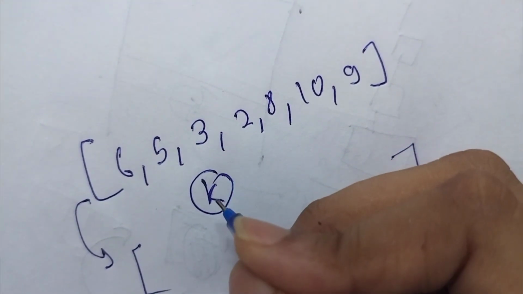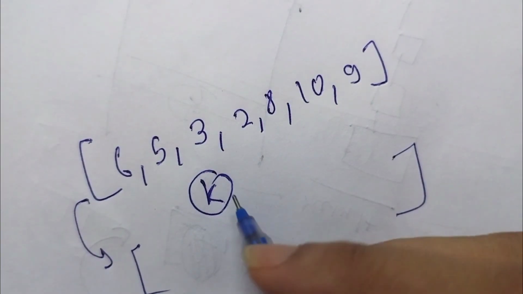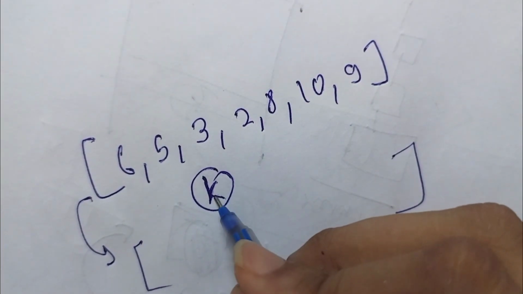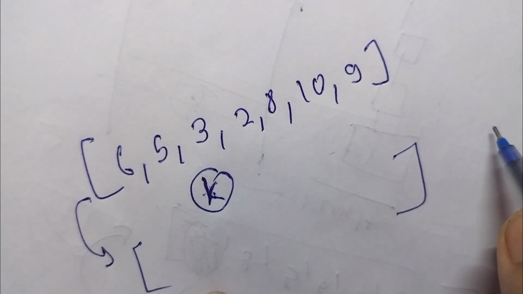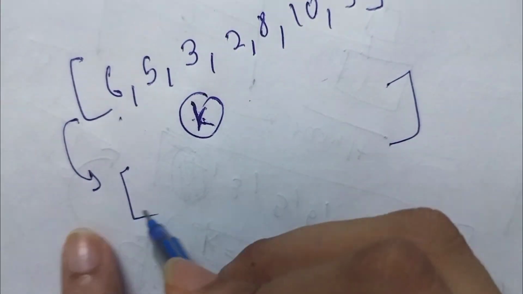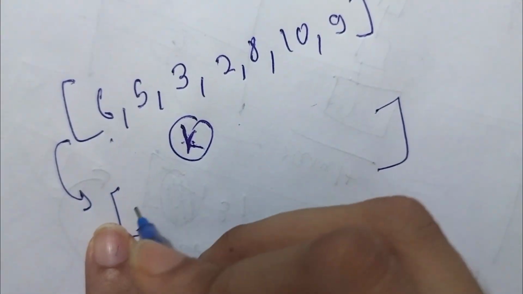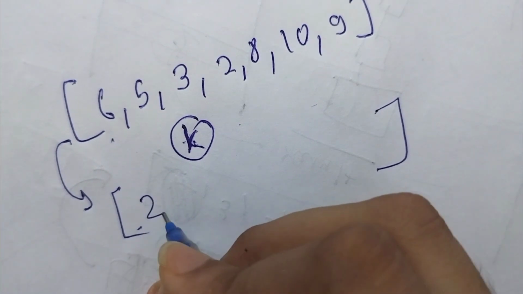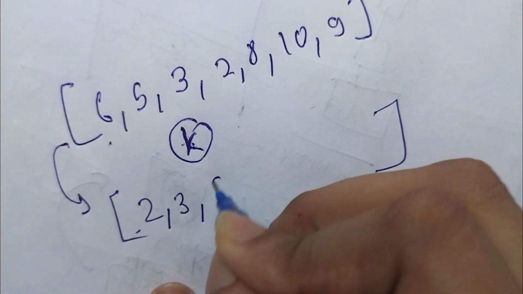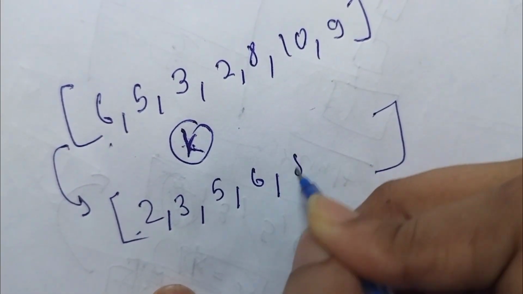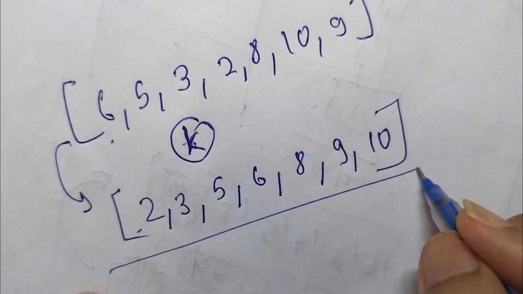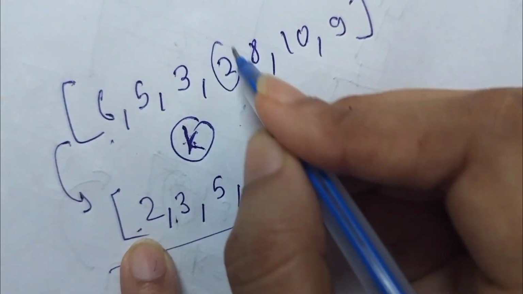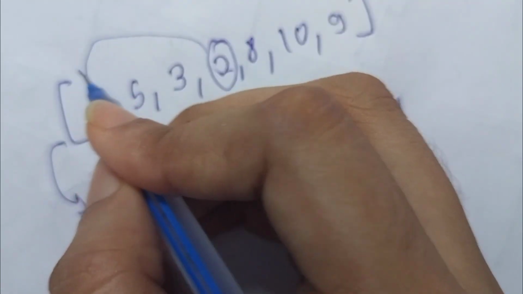What this k says basically is that every element is k positions away from its correct spot. If I sort this, the result should be 2, 3, 5, 6, 8, 9 and 10. And if I see 2 here, 2 should be placed there.